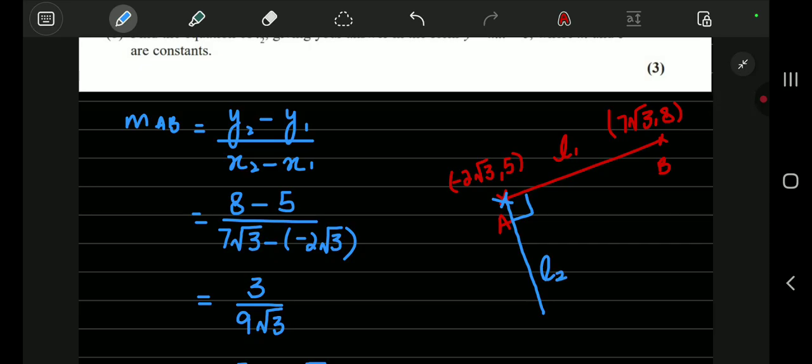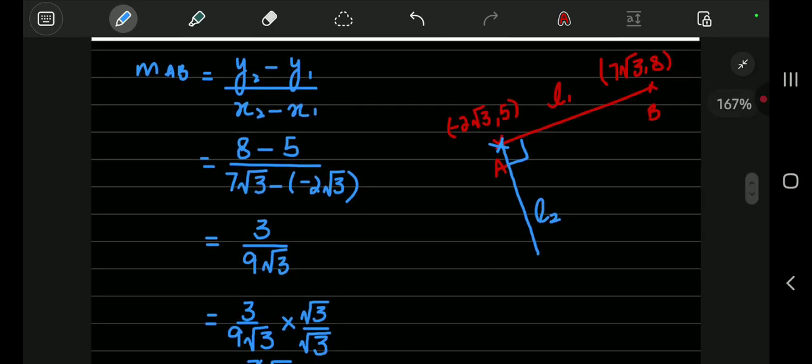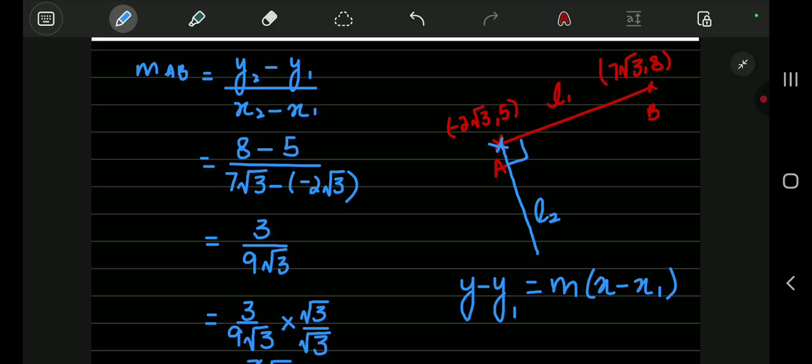Okay, so how can we find the equation of this line? To write down any equation of the line, we need two things. We have many forms of equation to write, but the most common is y minus y1 equals m times x minus x1. This is the point slope form, that if you know a point and a slope, you can write the equation.